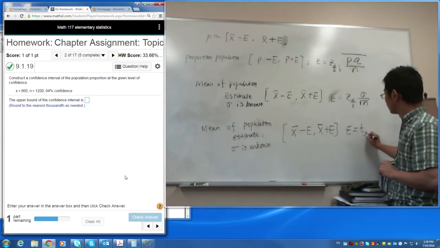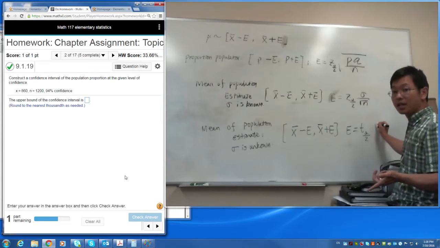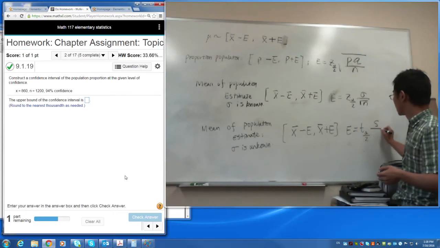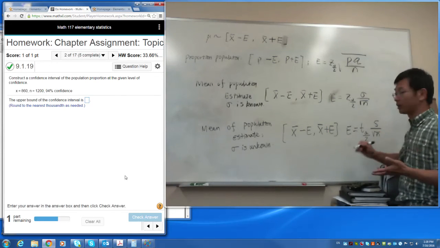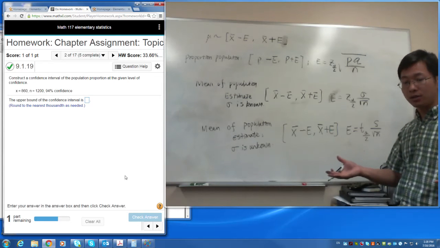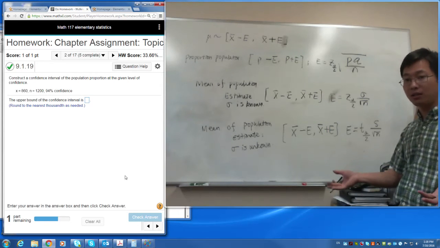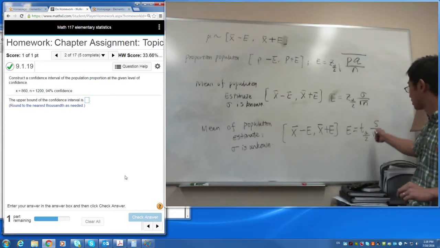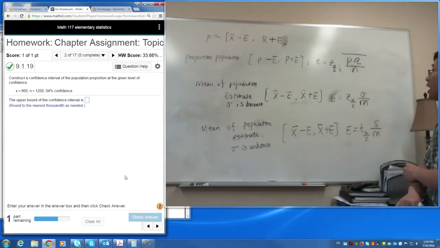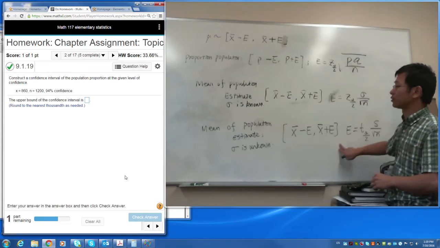E is t alpha over 2 times S over the square root of n. Since sigma is unknown, we use the sample standard deviation. Even if I don't know the standard deviation of the 1 million bottles, you can find the standard deviation of 100 bottles, the sample standard deviation. So these are the 3 formulas you're going to use.